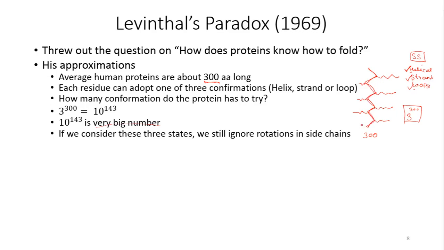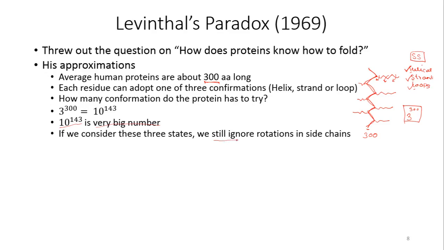But proteins are not only made up of the backbone; they also contain side chains, and these side chains can have rotatable bonds and flexible conformations that the protein might want to try. So this huge number, 10 raised to power 143, is what we get when we consider only the possible combinations of the atoms in the backbone.